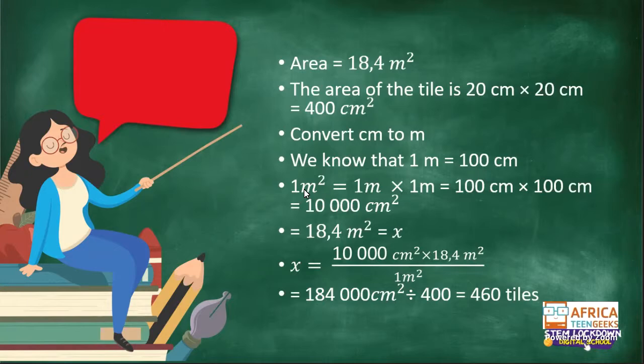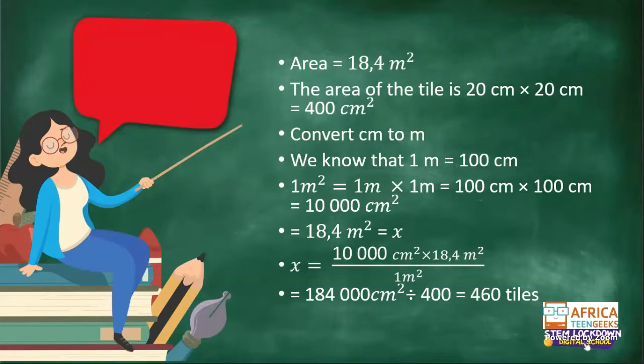Therefore, 1 square meter will be equal to 1 meter times 1 meter, and this, of course, will be 100 centimeters times 100 centimeters. So, in other words, 1 square meter is equal to 10,000 square centimeters. I repeat, 1 square meter is equal to 10,000 square centimeters.